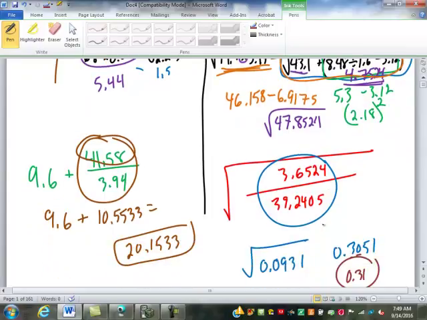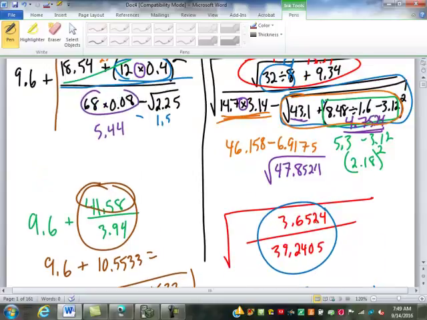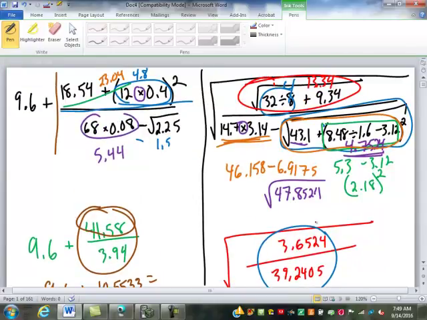Did you figure out where it went wrong? No. Can you scroll up a little? Did you get the 3.6524 on top? Yep. Okay. And on the bottom, I think I got 46.158. That's this. Then you had to subtract what you got from the square root.